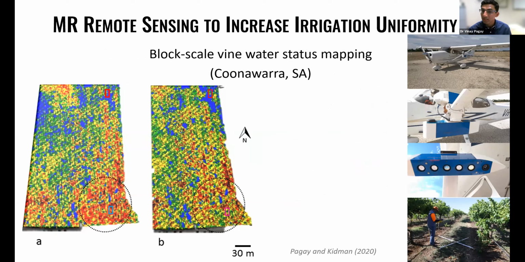When those drippers were fixed and the flight was done again with this fixed wing aircraft and a thermal camera, you can see the uniformity of the block increasing. So that's another way of optimizing irrigation, is actually increasing the uniformity across your block, all right? And capturing these irrigation inefficiencies through thermal remote sensing can be a really powerful tool for you. Not something you necessarily have to do every year, but it could be every several years.